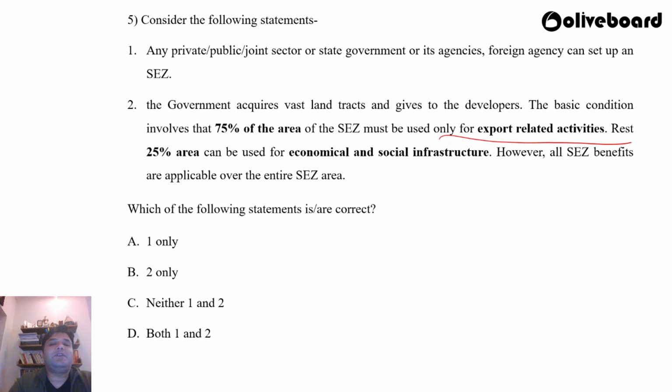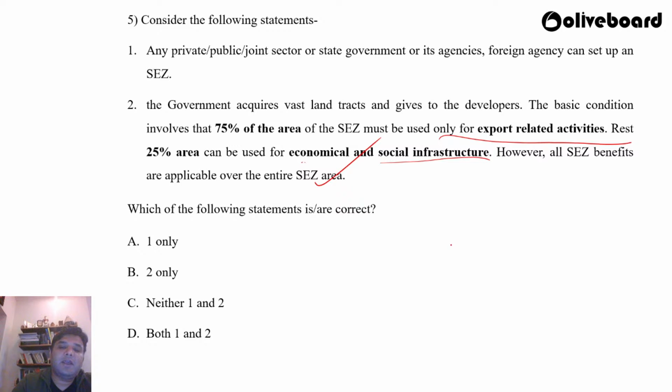Rest 25% area can be used for economical and social infrastructure. However, all SEZ benefits are applicable over the entire SEZ area. Which of the following statements is or are correct? A. 1 only. B. 2 only. C. Neither 1 nor 2. D. Both 1 and 2.